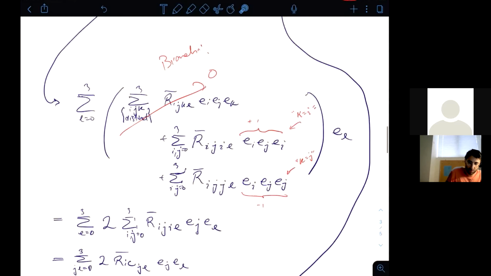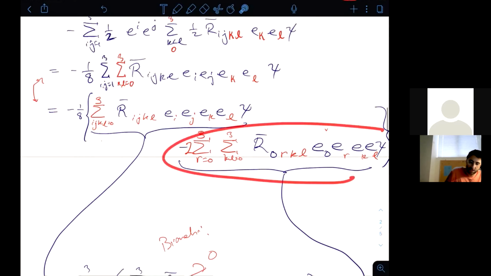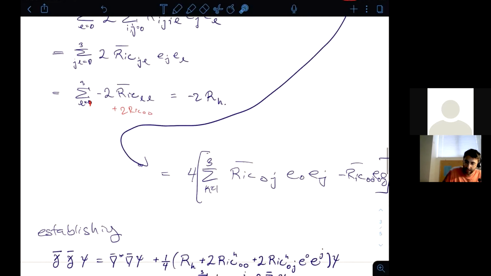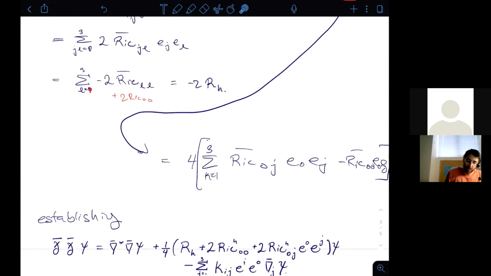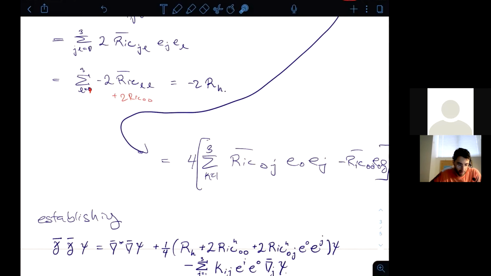Okay, so that was what was going on with this first term. Now let's do the same maneuver on the second term. Applying the same idea, you can identify that second term with this amalgamation of the Ricci tensor in the 0J direction plus Ricci in the normal direction.